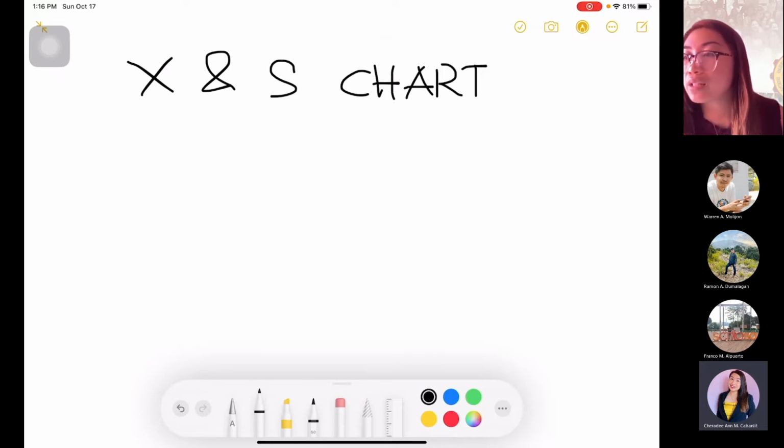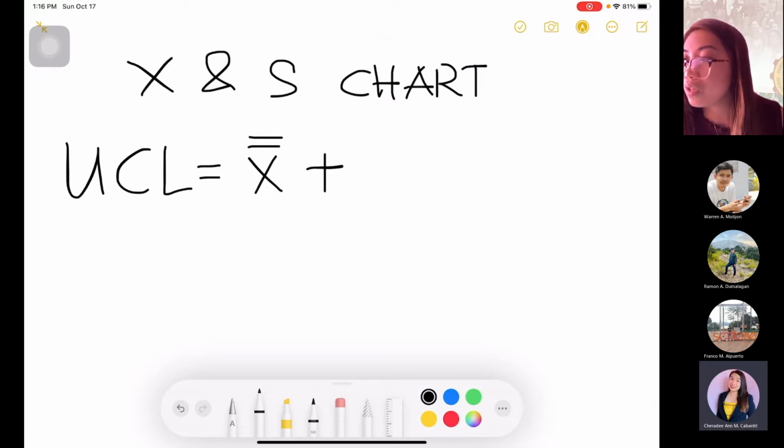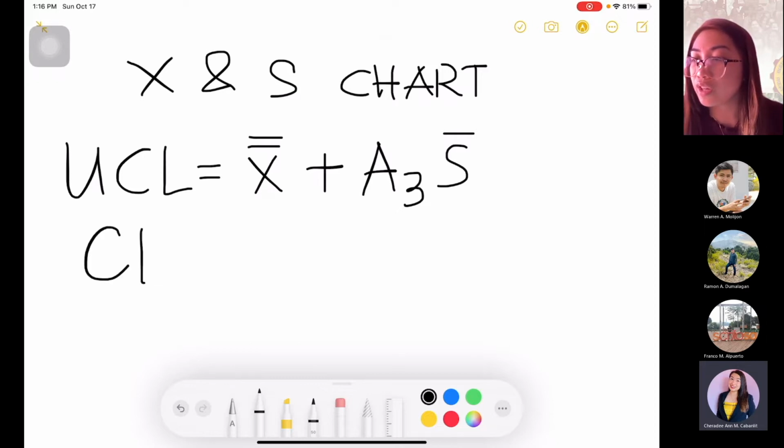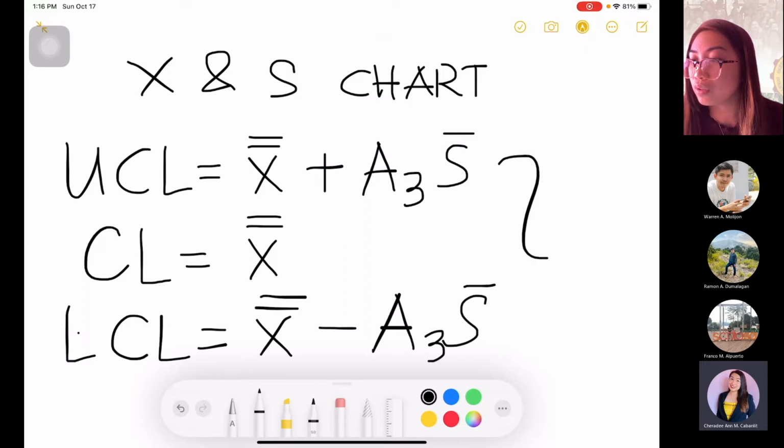Okay, yeah, correct. So the upper control limit is double bar X plus A3, but this time it's the bar S. And then your center line is the double bar X. And then your LCL is equal to the double bar X minus A3 bar S, for this X chart.